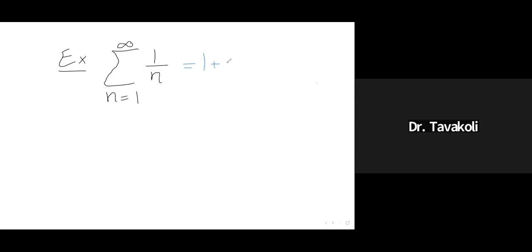When n is 2, then I have 1 over 2 plus. When n is 3, I have 1 over 3, and so on and so forth. Now the question is, is this sum a finite number or not? We'll get there later, not in this video, but in one of the next videos, we'll talk about whether this sum is a finite number or not.